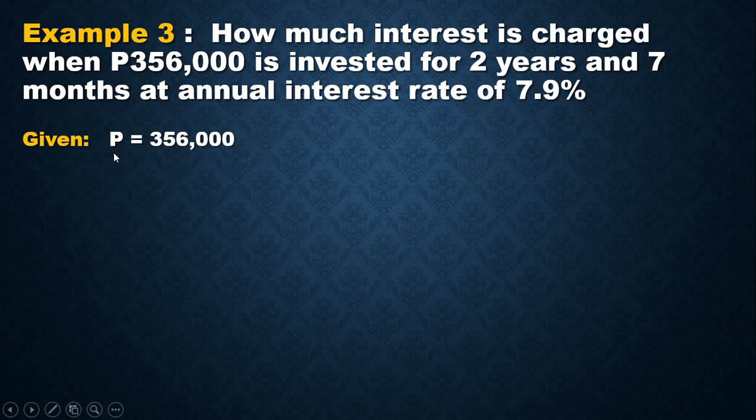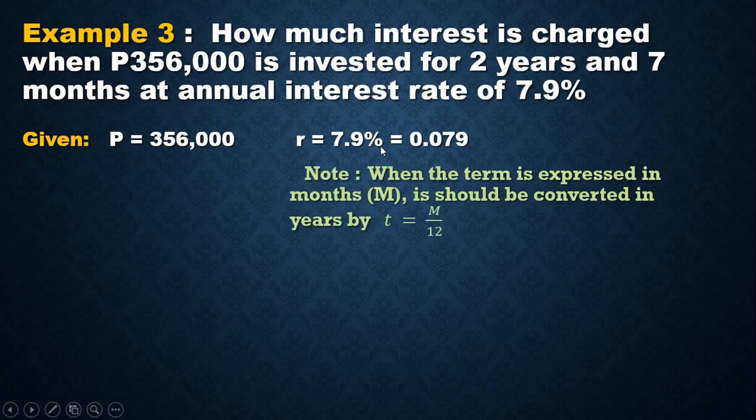So, ang given, principal, or the amount invested, 356,000. The rate, or the interest rate, is 7.9%. I-divide po natin siya sa 100. That is 0.079. Note, when the term expressed in months, it should be converted in years by term is equal to months divided by 12.